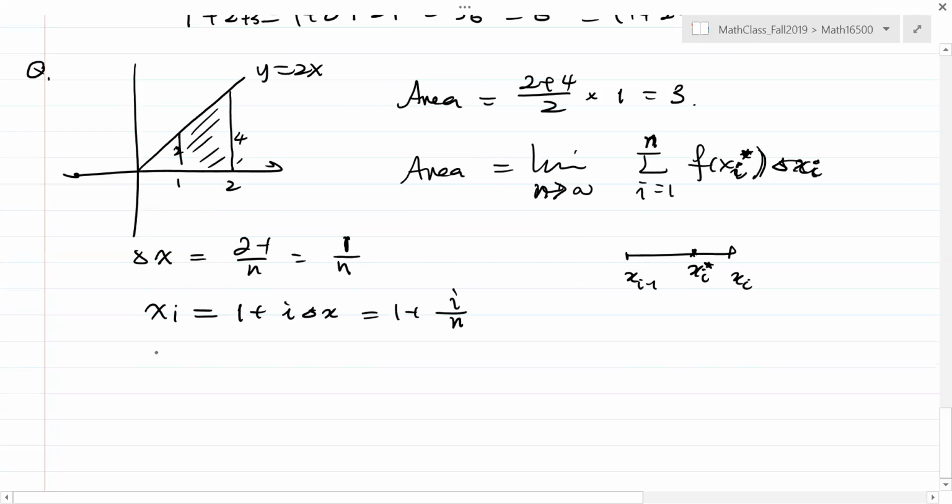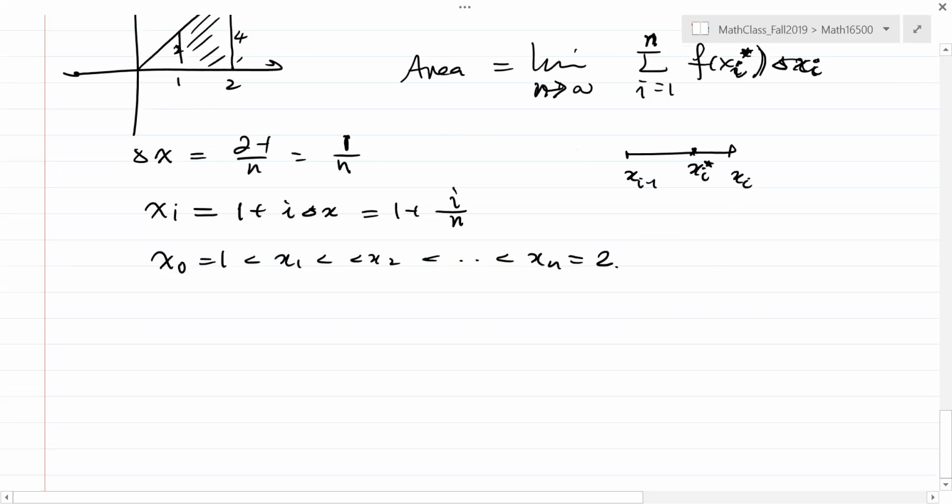So you get x_0, which is 1, less than x_1, less than x_2, up to x_n, which is 2. And delta x_i, which is x_i minus x_{i-1}, is just delta x, the same.